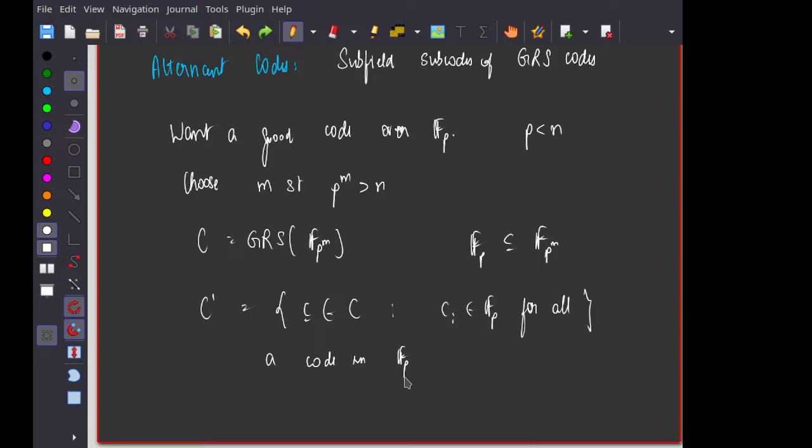That the sum of every two code words is a valid code word. Sum or difference of any two code words is going to lie within C prime. Take two code words in C prime, add them up or subtract them, and they still lie within C prime. So that is true, but it is absolutely not clear that if I take linear combinations, I'd still lie within C prime. I don't know if it's a linear code or not. But it turns out that this is indeed a linear code.